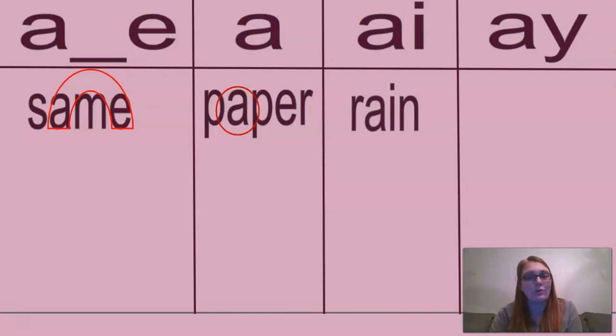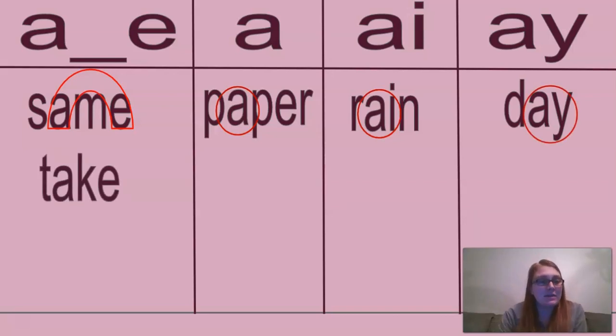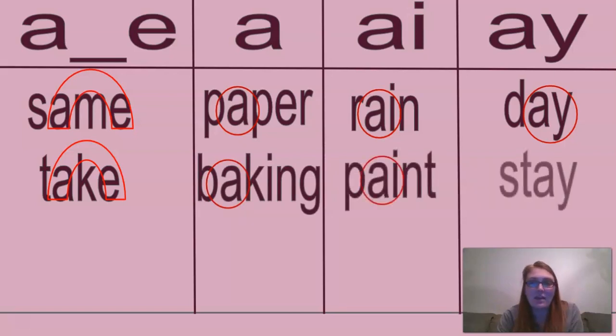A word like rain makes the A sound with AI. And day with AY. Again, A space E, like in the word take, with A and E working together to make an A sound. Baking has a long A with a single A. Paint is AI. And stay is AY.